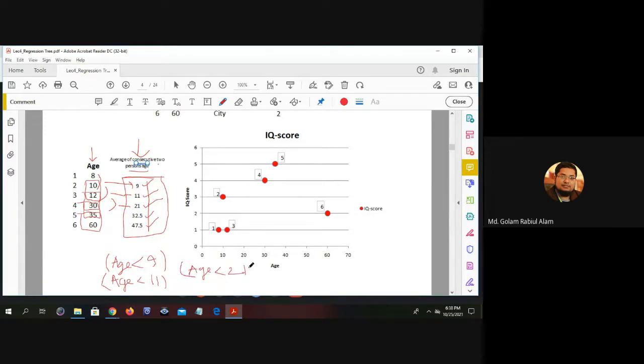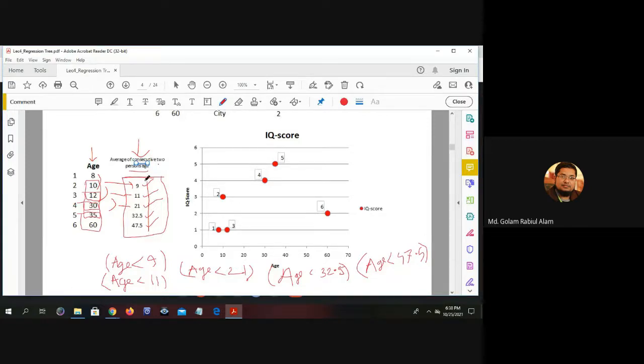So this is another splitter. Similarly, A is less than 32.5. So this is another splitter, and also A is less than 47.5. So this is another splitter.